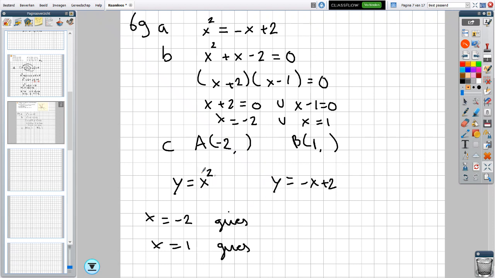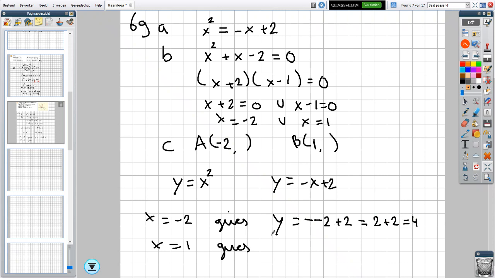So for example, let's say I fill it in the linear formula. I change the x into -2: minus minus 2, because there was a minus there already, plus 2. Gives me, in this case, not 0. Minus minus 2 is 2. 2 plus 2 equals 4.